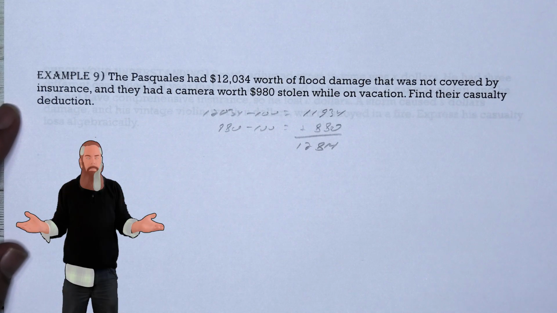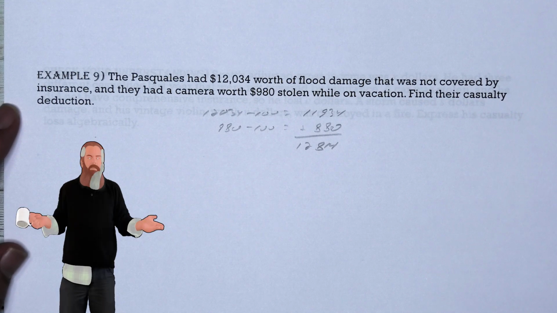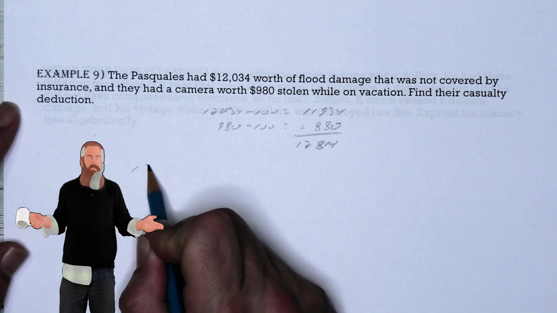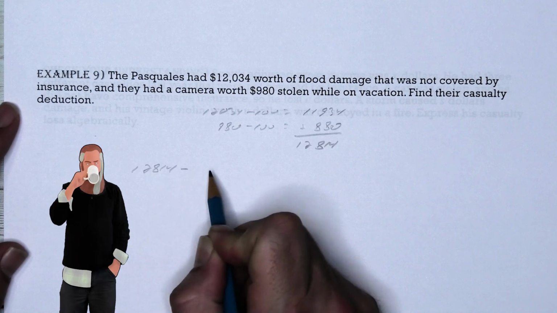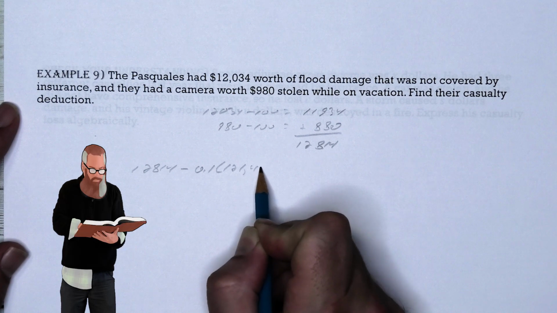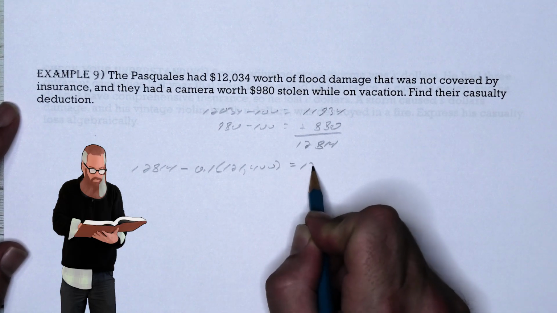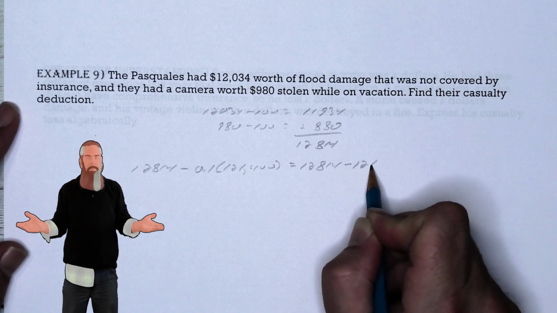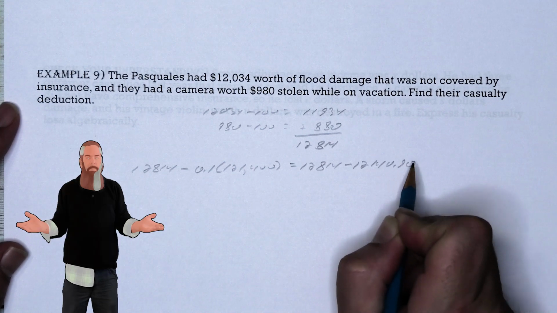Only part of the remaining casualty loss is deductible. To find out how much, subtract 10% of the adjusted gross income of Form 1040 from 12,814. So we have 12,814 minus 10% of their income, 121,400. This is going to give us 12,814 minus 12,140.90.